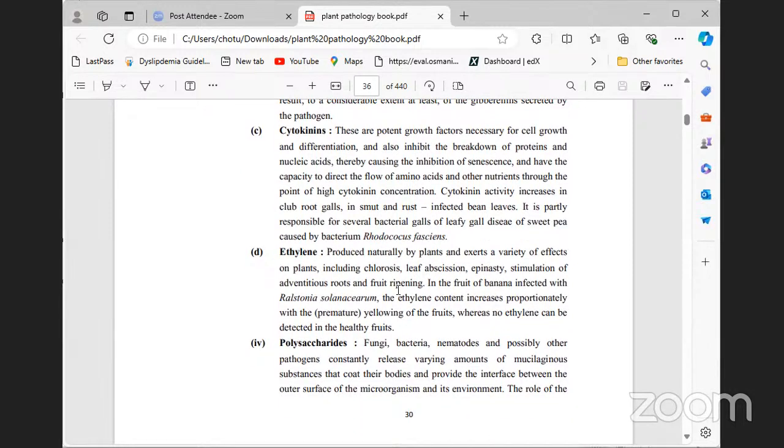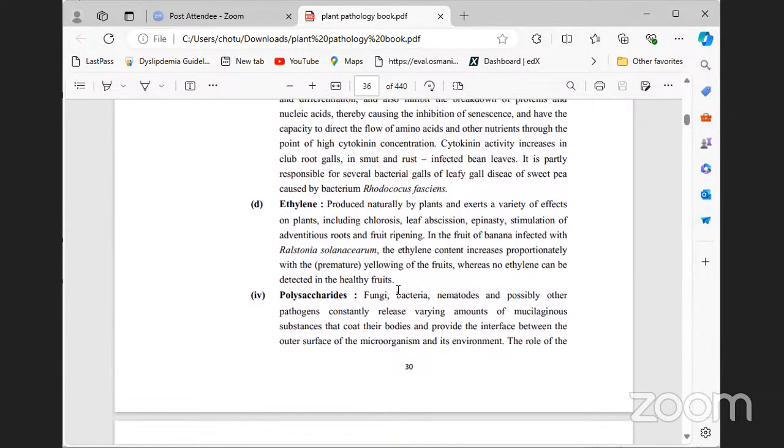The fourth phytohormone is ethylene. Ethylene is a natural gaseous hormone produced by plants and exerts a variety of effects on plants, including chlorosis, leaf abscission, epinasty, stimulation of adventitious roots, and fruit ripening.